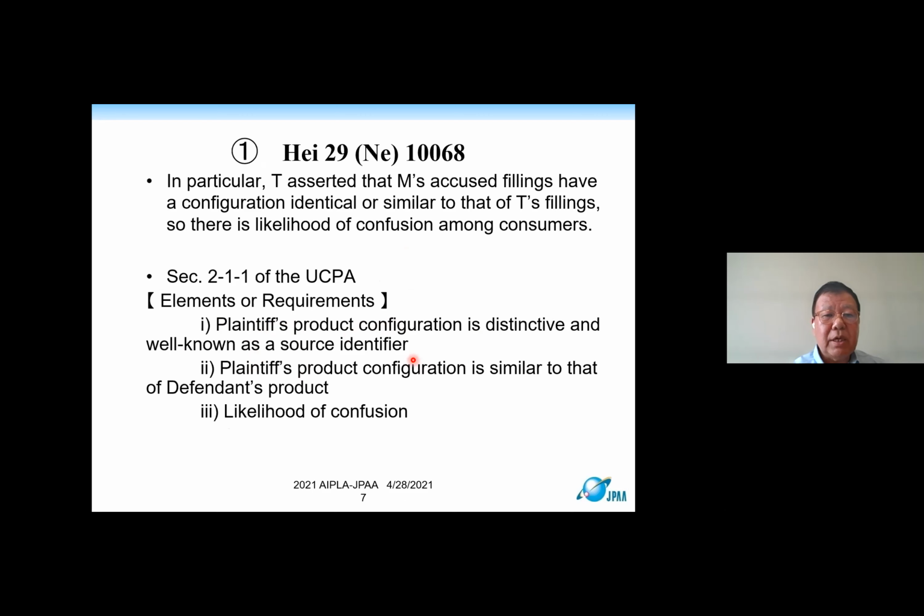The first element is whether the plaintiff's product configuration is distinctive and well known as a source identifier. The second element is whether the plaintiff's product configuration is similar to that of the defendant's products. And the third one is likelihood of confusion.